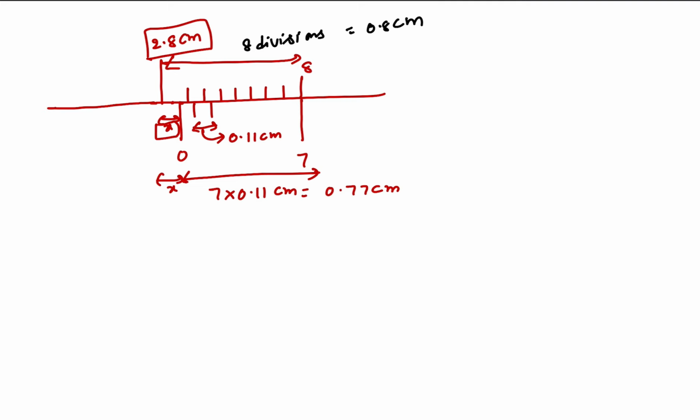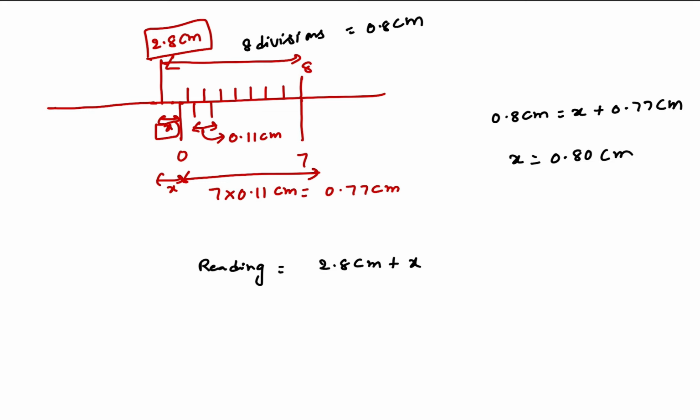Now you can see what is the reading of this. Reading is equal to 2.8 centimeter plus x. Now we are calculating this. 0.8 centimeter is equal to x plus 0.77 centimeters. So x is equal to 0.80 centimeters minus 0.77 centimeters.